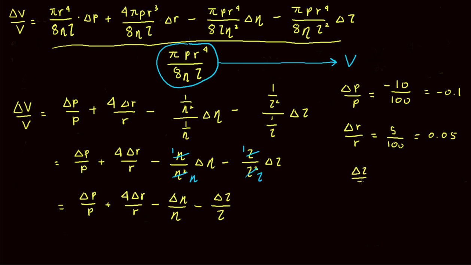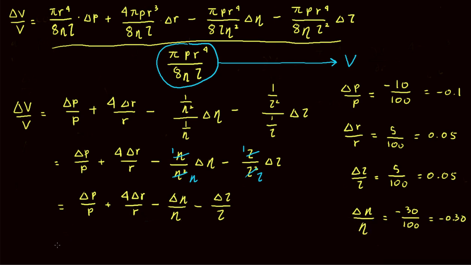Delta L over L is also 5 over 100, so 0.05. And delta nu over nu is decreasing by 30, so it's negative 30 over 100, so negative 0.30.